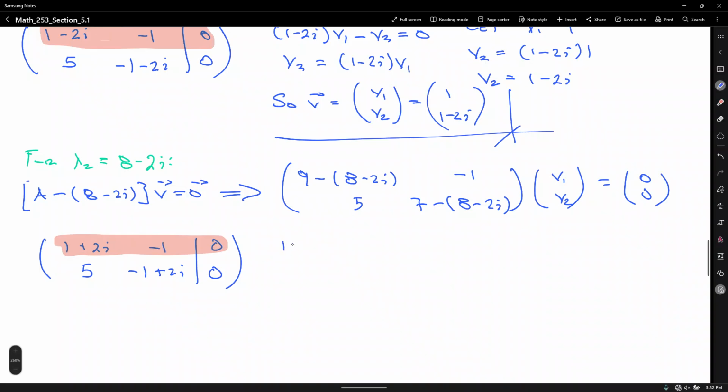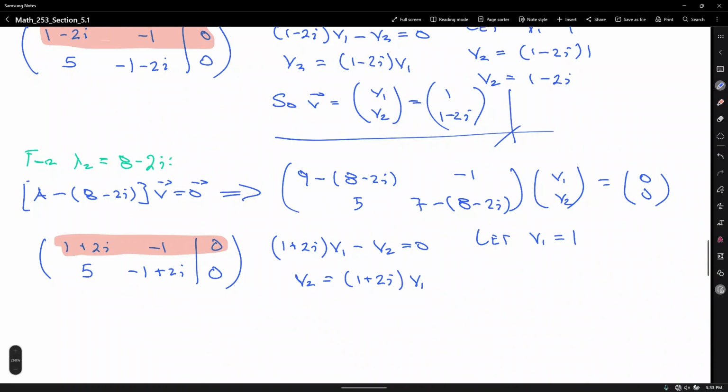That means 1 plus 2i v1 minus v2 equals 0. And just like the previous case, I'm going to solve for v2 because that's the easiest one to solve for. So v2 equals 1 plus 2i v1. That means let v1 equal 1, your favorite number, the simplest one, a number that doesn't give you any trouble.